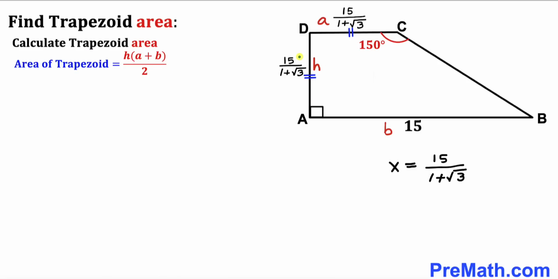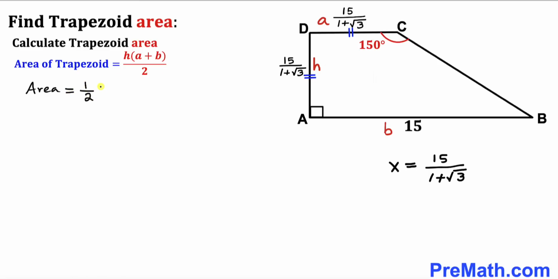And in our case, our height h is 15 divided by 1 plus square root of 3. Our base b is 15 and our base a is 15 divided by 1 plus square root of 3. So let's go ahead and fill in the blanks in this formula. So the area is going to be equal to, I'm going to write down 1 over 2 outside.